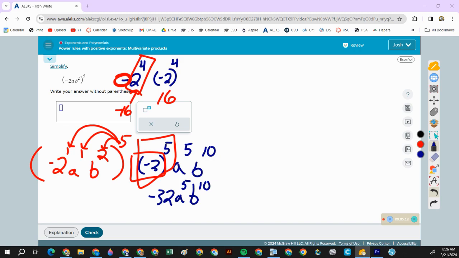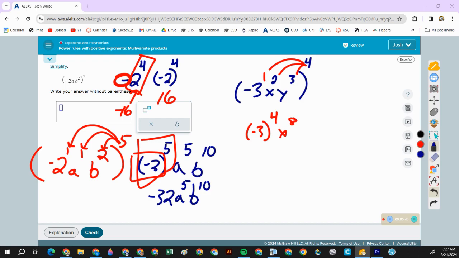So if we had another problem, negative 3 x squared y to the third, and we raised that to the fourth. So I'm going to put a 1 inside there, and then I'm going to multiply all of those by 4. But the negative has to be in parentheses. So negative 3 to the fourth, and then x to the 8th, and y to the 12th.